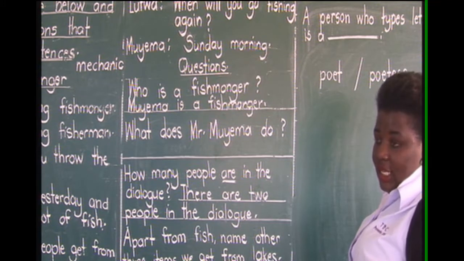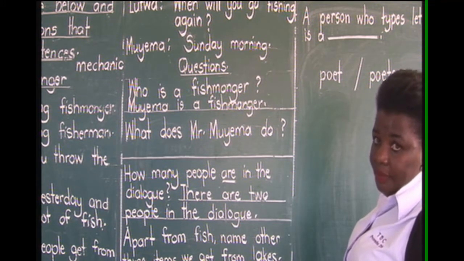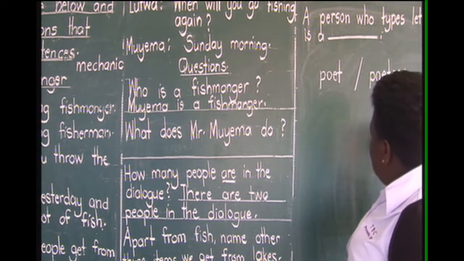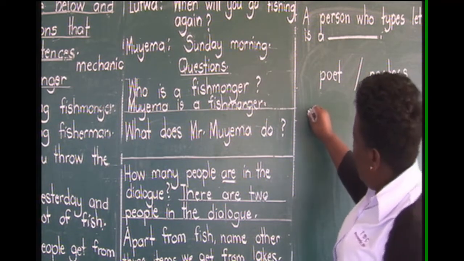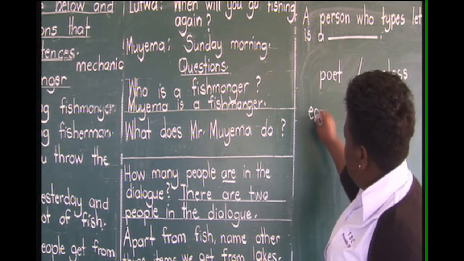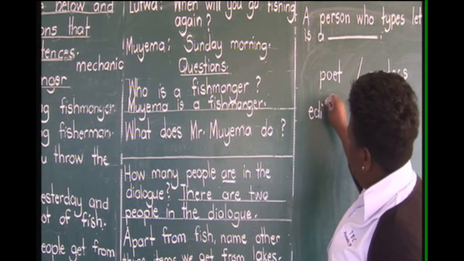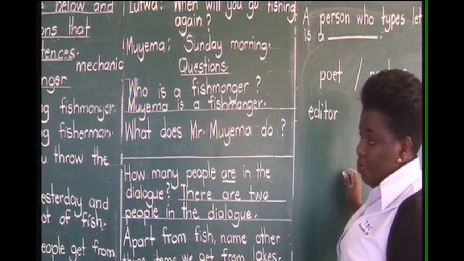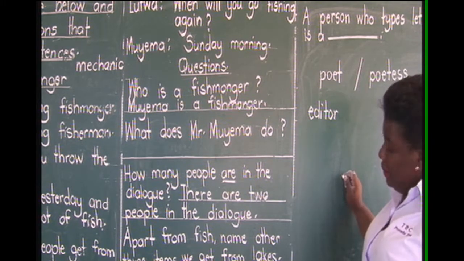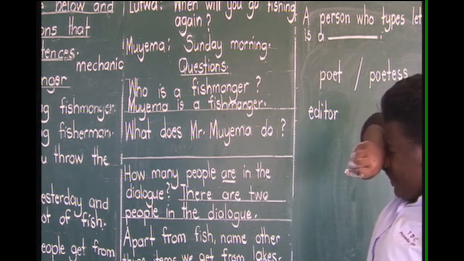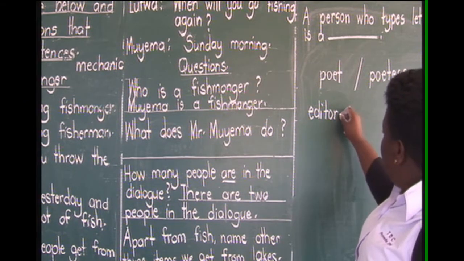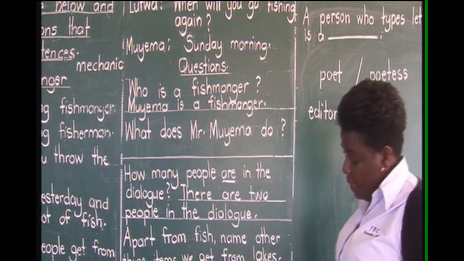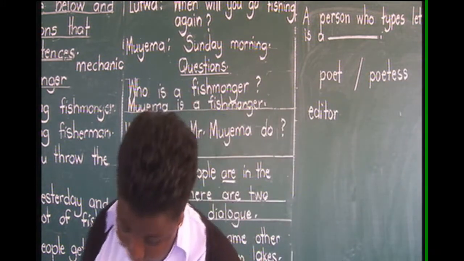In most cases, those people who write in newspapers write their names. So we call those people editors. So a person who writes news in newspapers or magazines, that is an editor. When one is an editor, when there are many, they are editors.